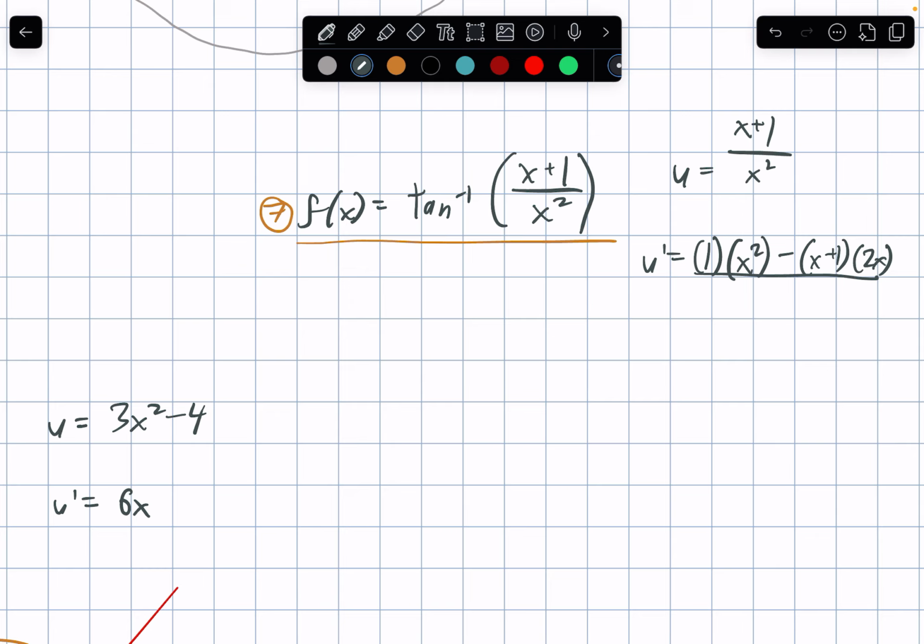And then divided by x squared raised to 2. So that's going to be x raised to 4. And so we have x squared minus 2x squared minus 2x over x raised to 4.